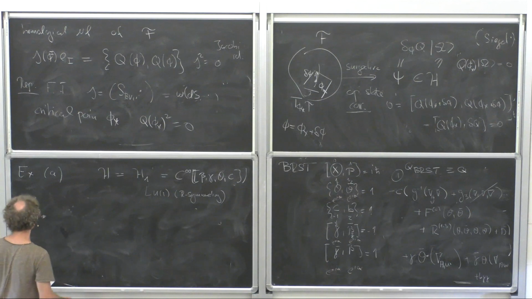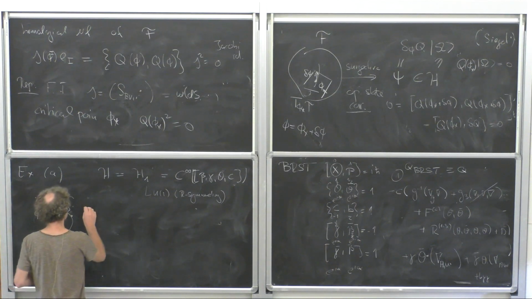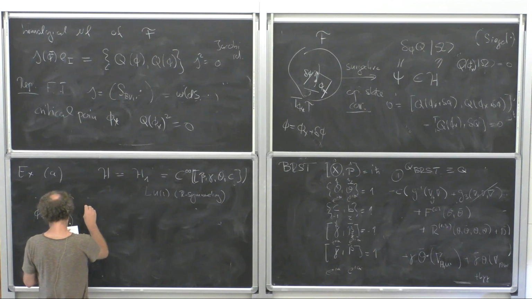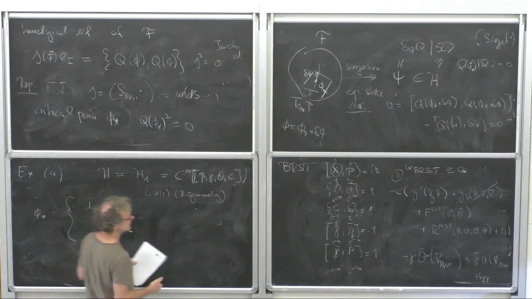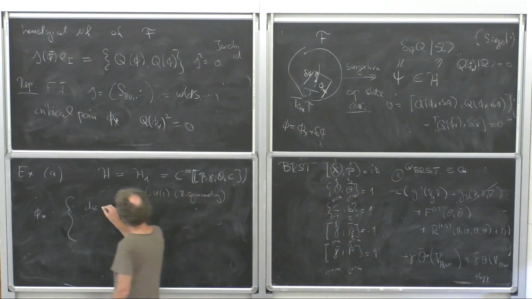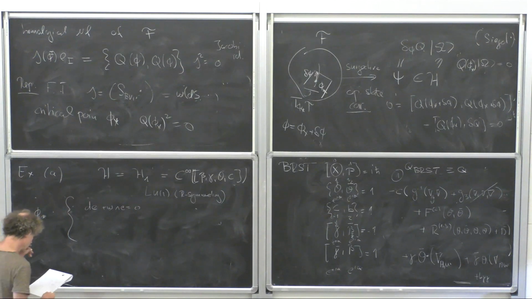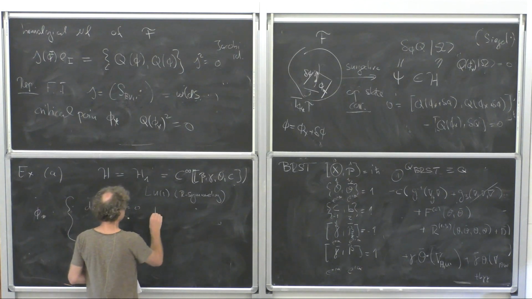Other than that, it's complete. I will get the condition that dE, where E is the Vierbein that enters in this metric, plus omega wedge E is equal to 0.